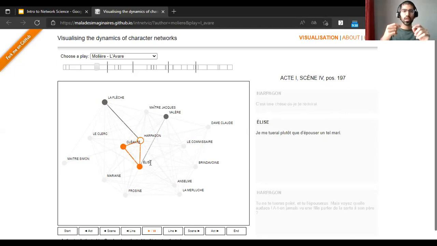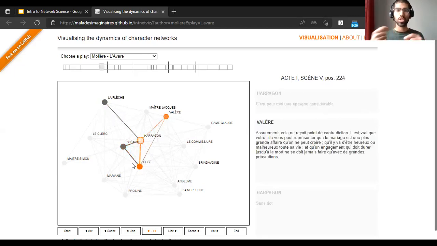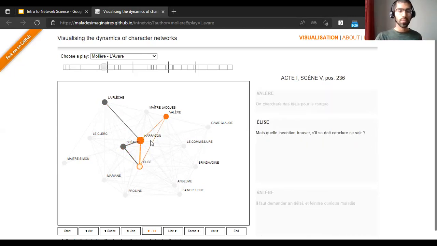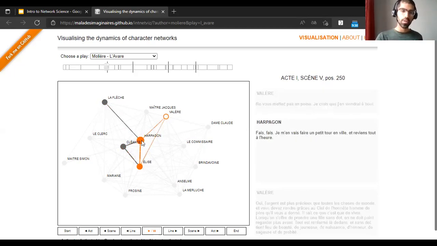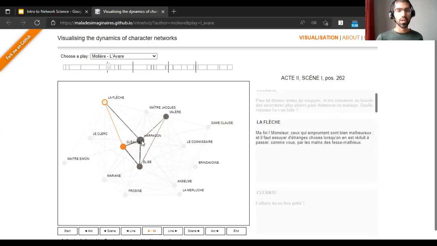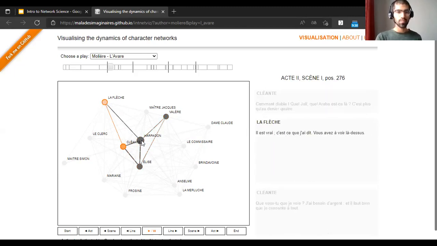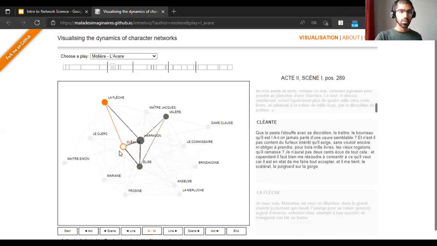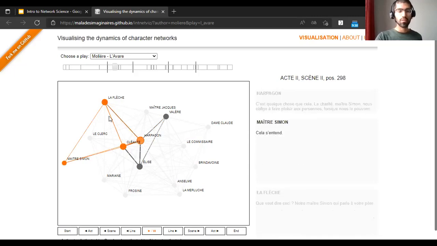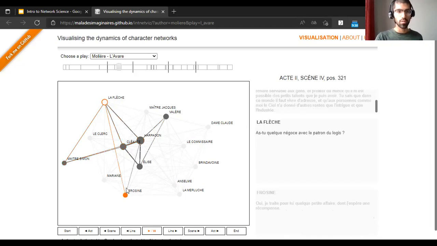And you can see how, as these different characters are introduced, well, they talk to each other a little bit, but then it all keeps on coming back to Harpagon, which is how we end up figuring out that he is the main character. Here you can see that these two characters started talking for the first time, or this new character was introduced for the first time, or here.